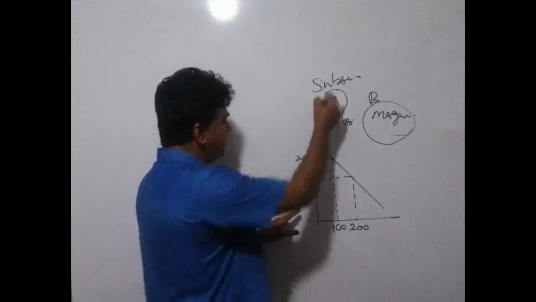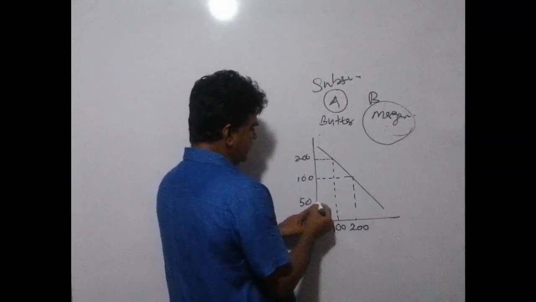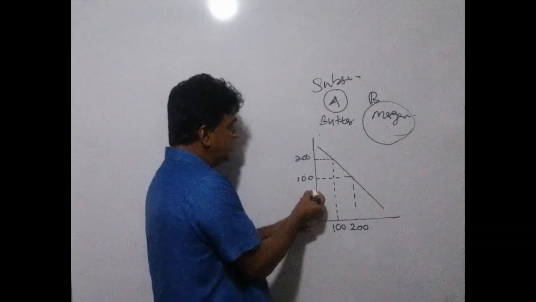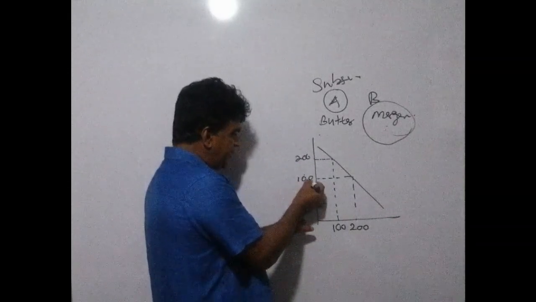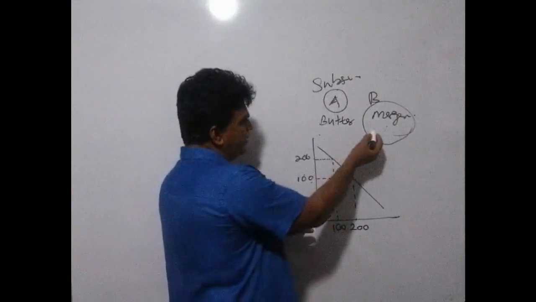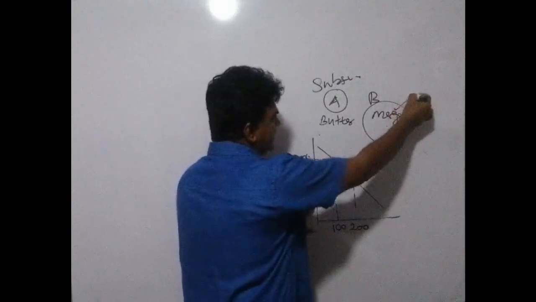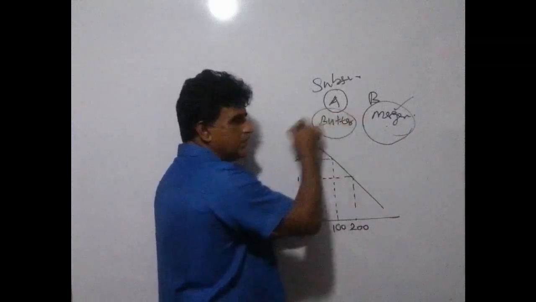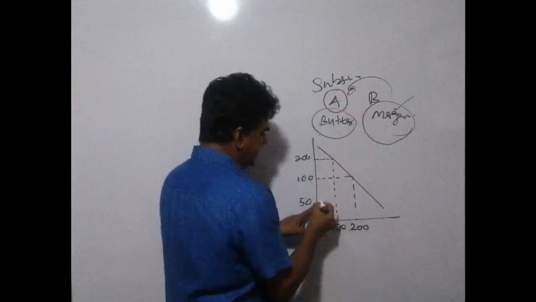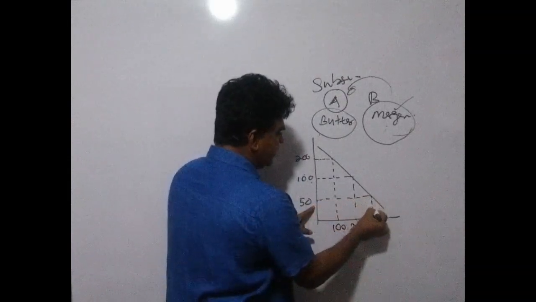The price of the substitute good that they shifted to has decreased to 50. Then what is happening? Now margarine users have a cheaper product, that is butter. Then what are they doing? They demand butter. Then quantity demanded goes up.